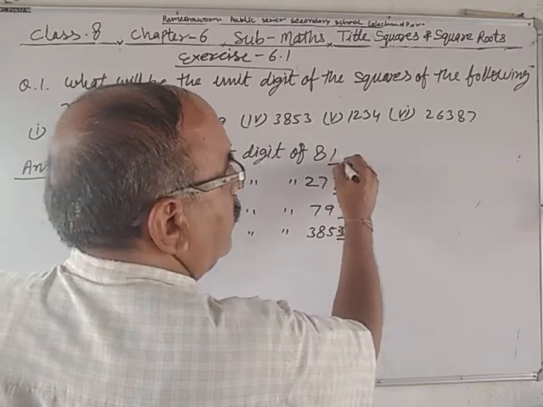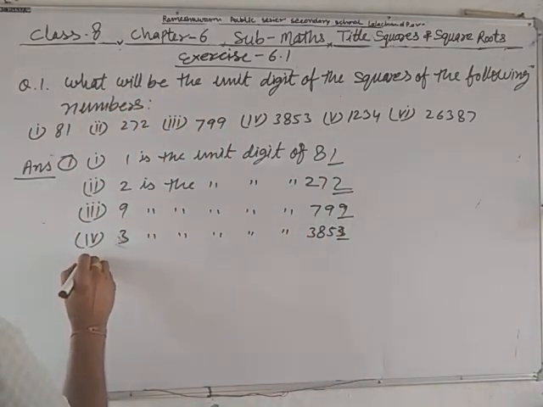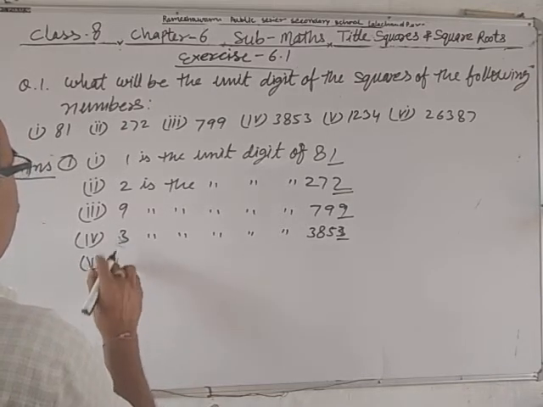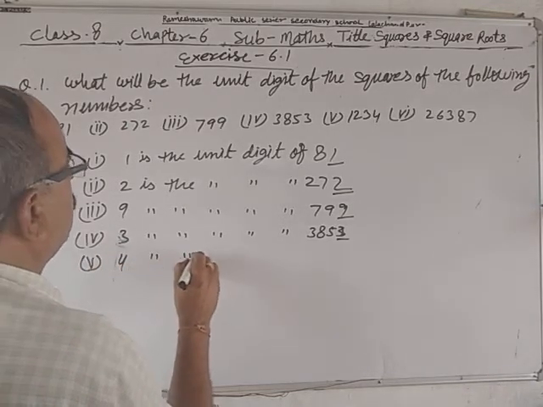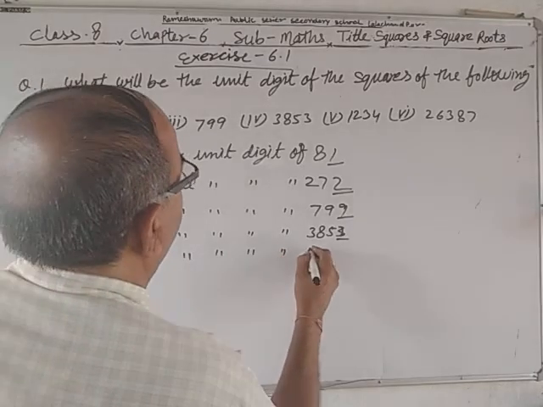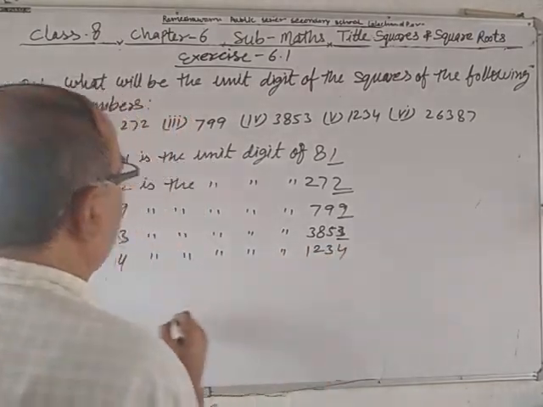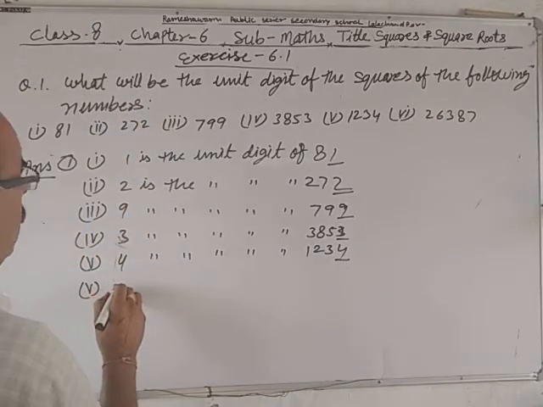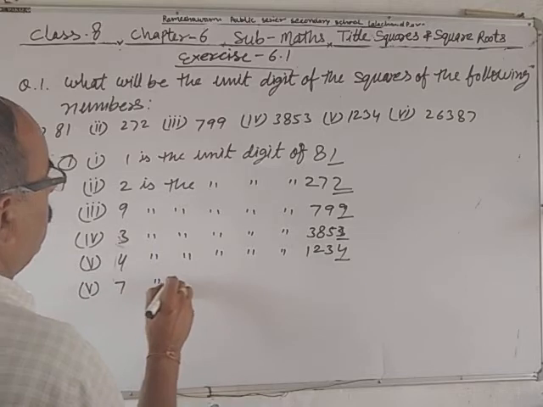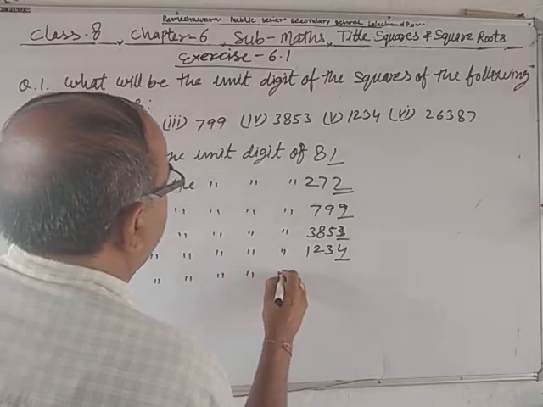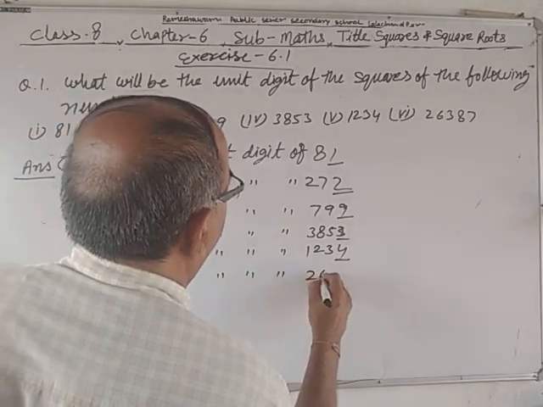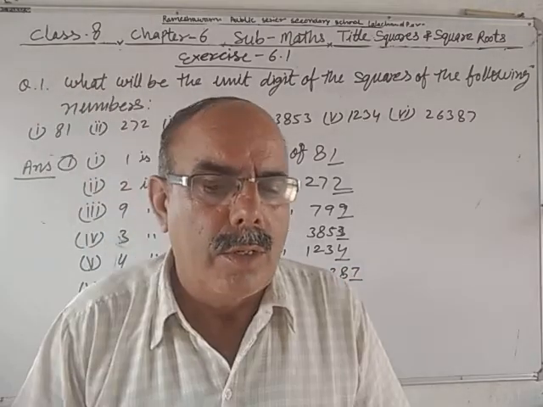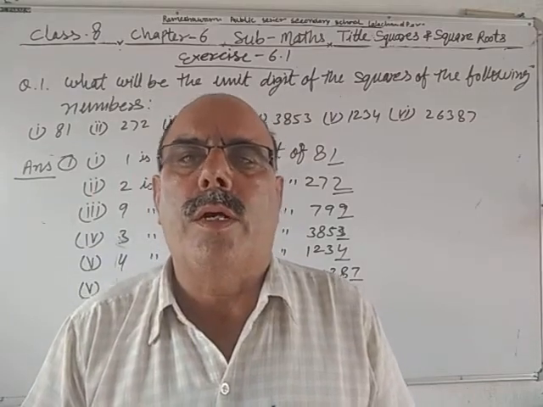Fifth, 4 is the unit digit of 1234. Sixth, 7 is the unit digit of 26387. This is the question number first.